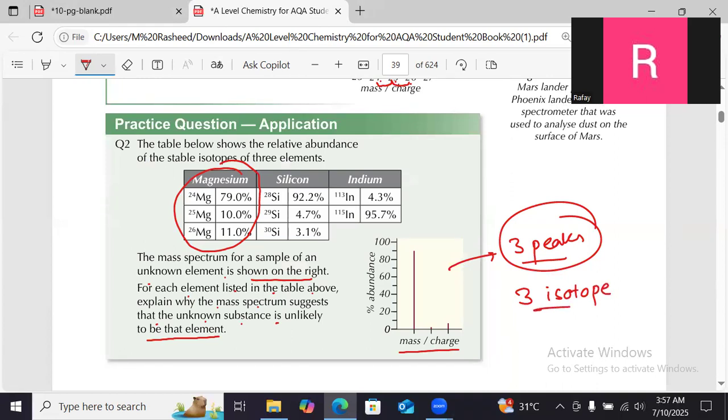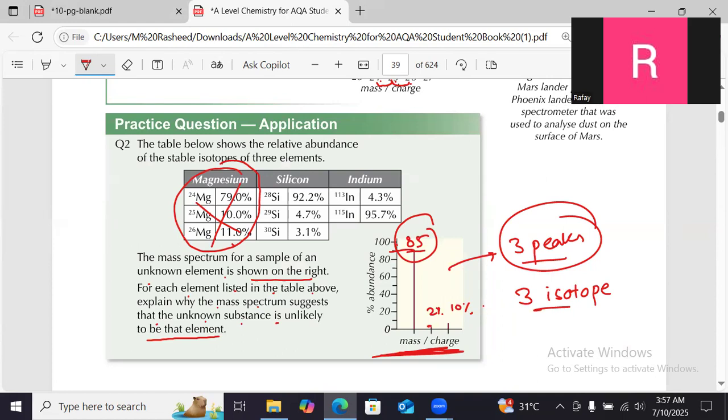The relative abundance of these three isotopes is around 85, this one is 2%, and this one is around 10%. So this relative abundance does not match. Magnesium has 79, 10, and 11, so it cannot be magnesium.